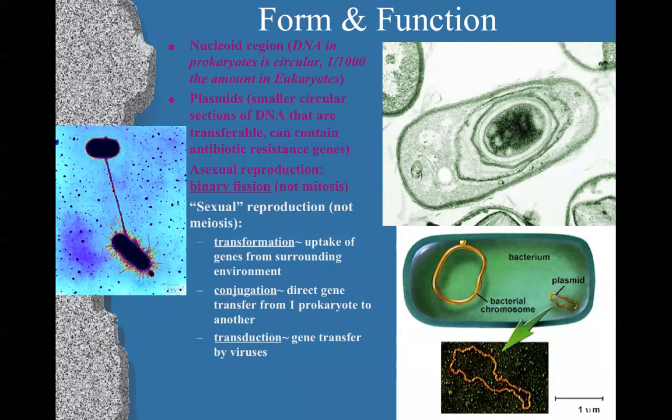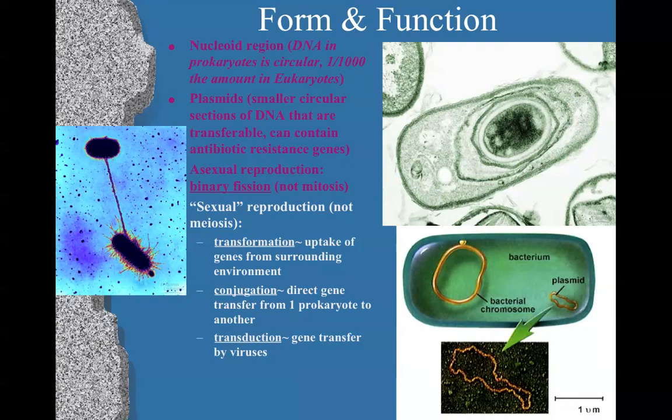So that's sort of a unique ability. You can imagine a human going around and touching surfaces and cells absorbing that DNA. It's kind of a weird idea, but bacteria do it, and that's something special to them. So again, I keep saying bacteria, I'm sorry, prokaryotes.